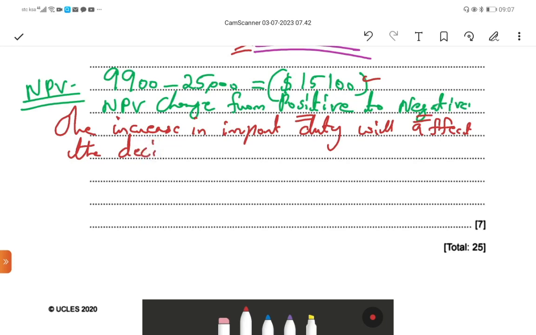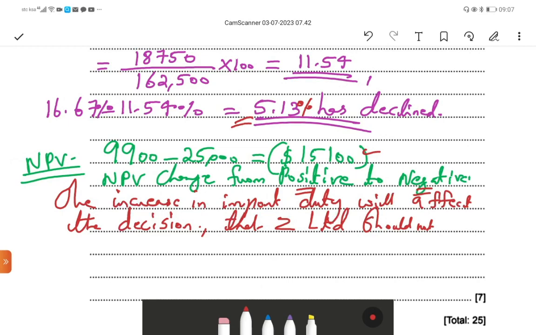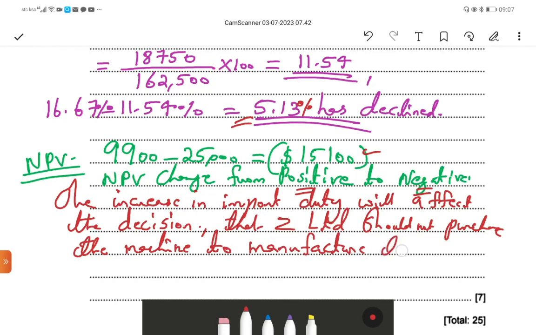We are changing the decision: Z Limited should not purchase the machine to manufacture the new product.